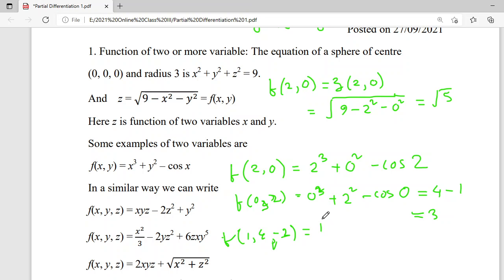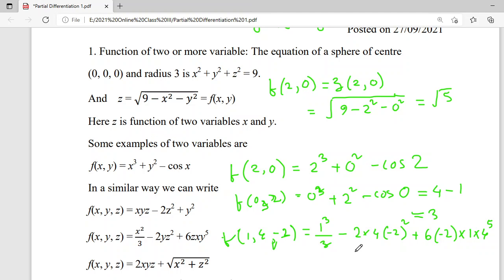It is 1 cube, in place of x we write 1 cube by 3 minus 2 into 4 into, in place of z we have to write minus 2 whole square, then plus 6 into, in place of z we write minus 2, then into x is 1, into y is 4. So 4 to the power 5. So you find the value.